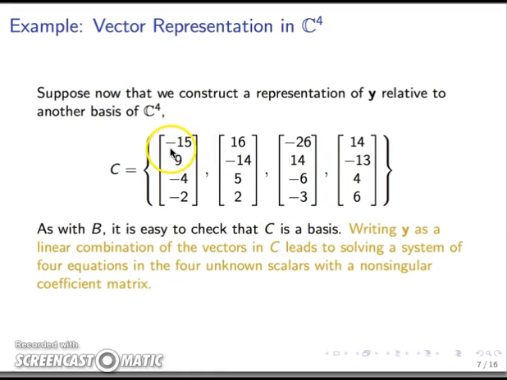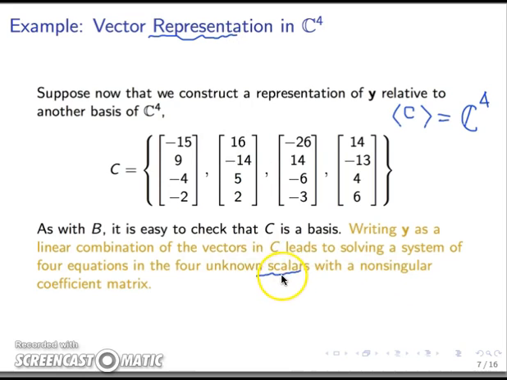But now we're going to consider another basis of C4. Okay, and so this is another set of vectors, and this is a set C such that the span of C is exactly equal to C4. So writing y as a linear combination of these vectors is going to again lead to a situation in which we're solving a linear system, and the scalars that we're interested in are precisely what determine the vector representation.